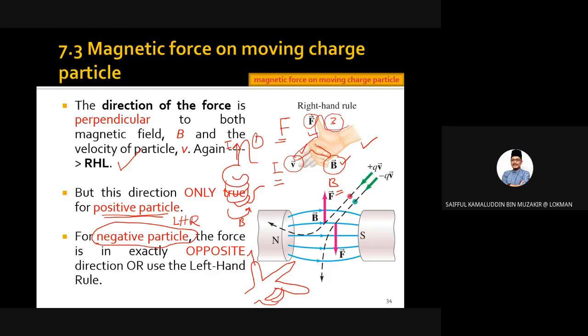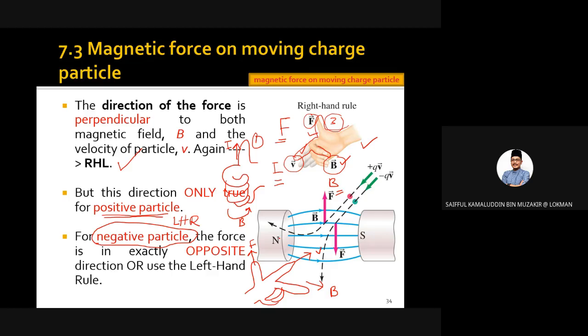So in the left hand rule, the thumb is still the force, the index finger is still the velocity, and the middle finger is still the magnetic field. This is the first and only left hand rule you have to use whenever you are trying to determine the direction of the force, the direction of the motion V, or the direction of the magnetic field, for the negatively charged particle.